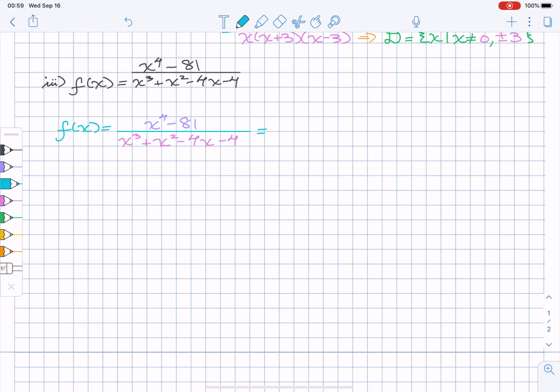So in the numerator what I have is a difference of squares, namely x squared plus 9 and x squared minus 9. And in the denominator I can factor by grouping. So I can factor x squared from the first 2 terms and get x plus 1, and then a -4 from the second 2 terms and get x plus 1.